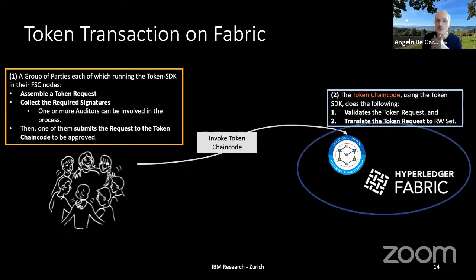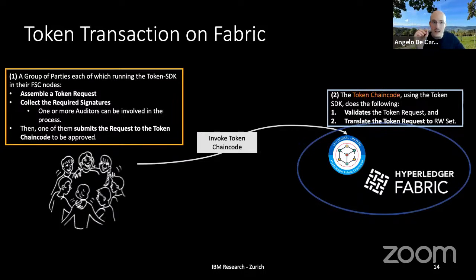Notice that if you are using the driver that supports zero knowledge, the endorsers do not learn anything about the content of the transaction, because they see only zero knowledge proofs, right? So they validate the zero knowledge proofs, and if they are all valid, they translate the token request to something that Fabric understands, the read-write set.